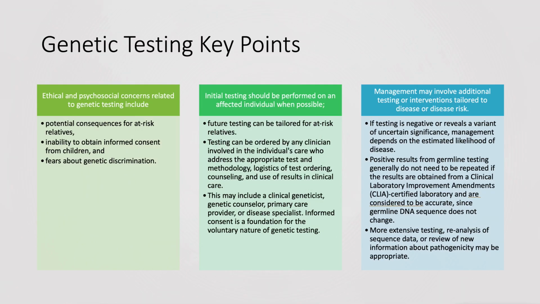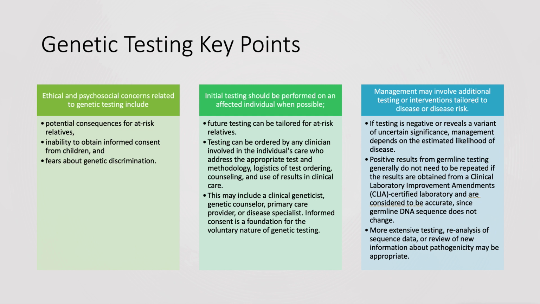Continuing with key points, there are ethical and psychological concerns related to genetic testing, and they include potential consequences for at-risk relatives and the moral burden to warn people. If you find out that someone has a significant genetic variant or mutation, and it's likely found in their relatives, what is your obligation to make that known?